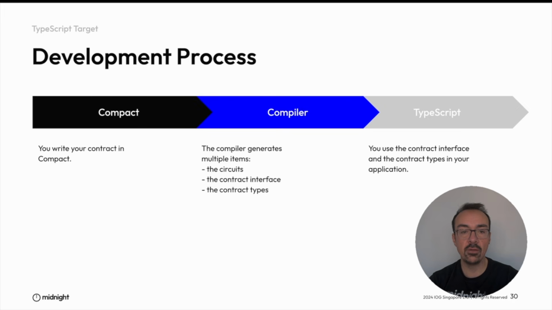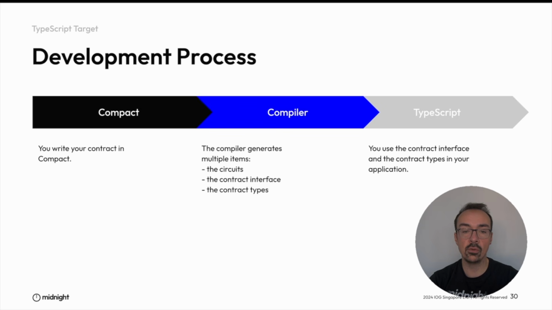So here is the development process, the process that in general you go through in your application. In the first time, you are going to create a smart contract in Compact. You write all the code, you create that smart contract. After that, you compile it, so you pass it to the compiler, and the compiler is going to generate multiple items. So of course it's going to generate the circuits that you are then going to deploy on the blockchain.